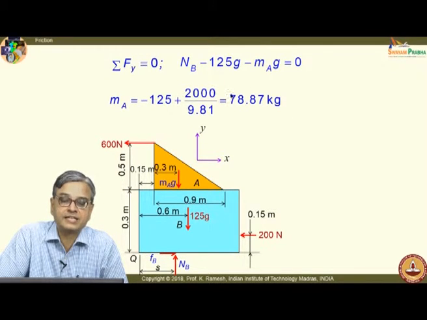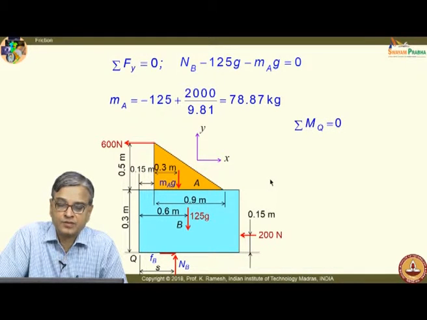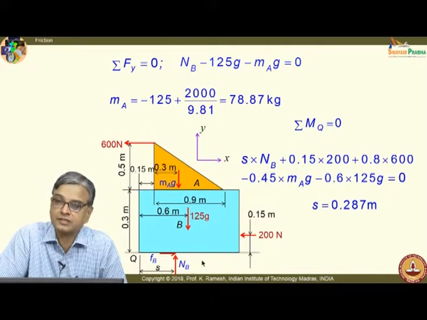And we will also see whether it slides or tips. So, I have to take moment about q, shifting Nb to this point. So, Mq equal to 0 is what you are doing. So, I have this mathematics and I do get S as 0.287 meters. So, this is within the block.